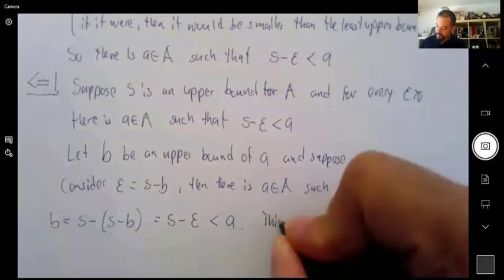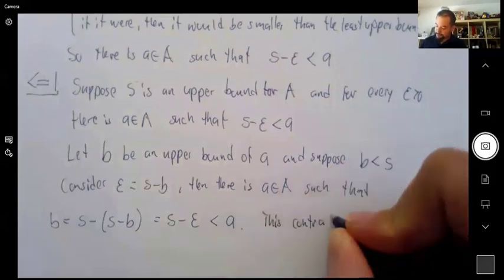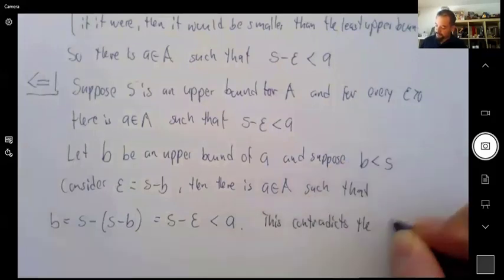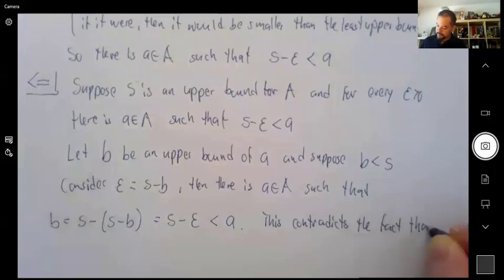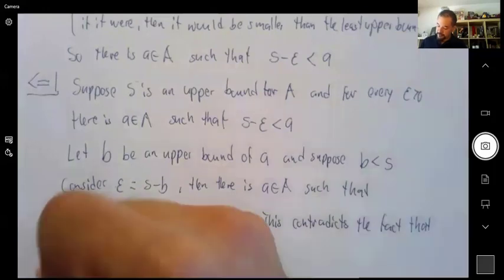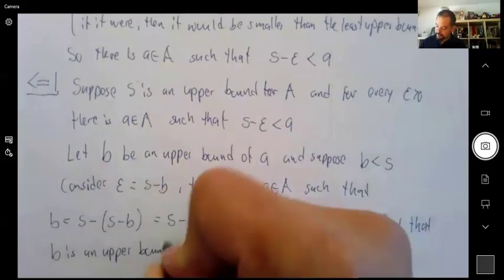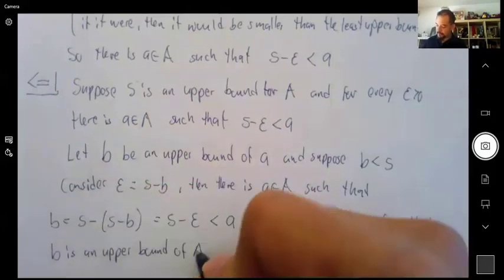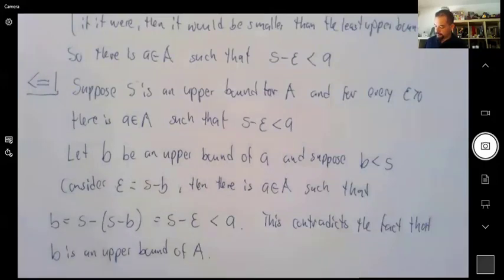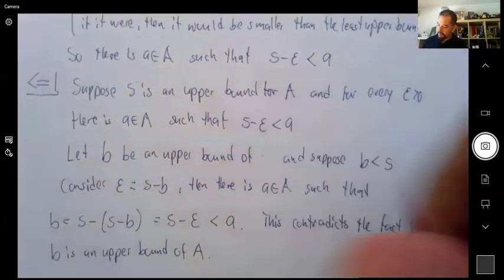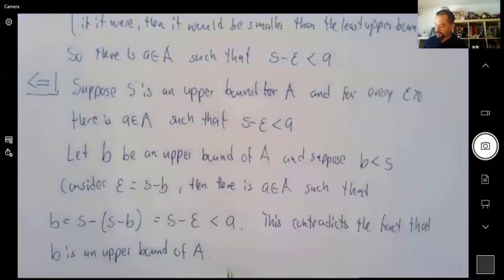This contradicts the fact that B is an upper bound of capital A, right? We should say capital A. Okay, so a contradiction to what?